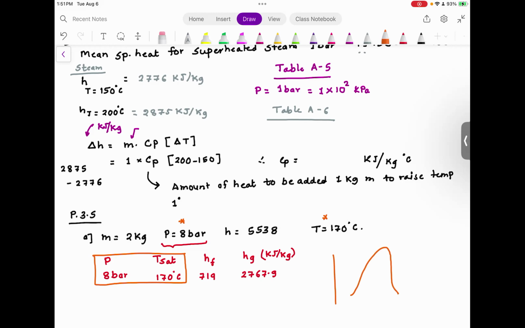So you have to go in 2 steps. It indicates the temperature, it is over here. Temperature is 170 and the pressure is 8 bar.